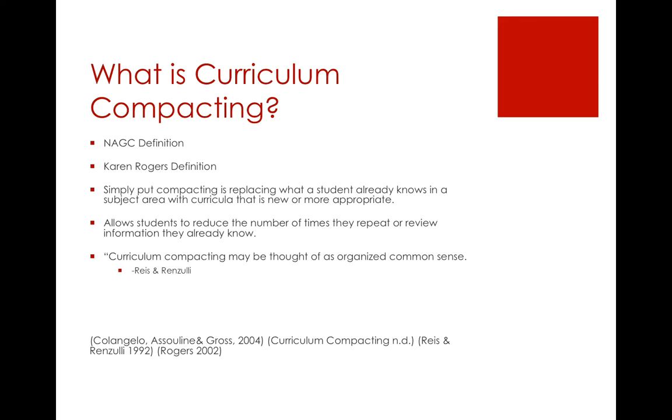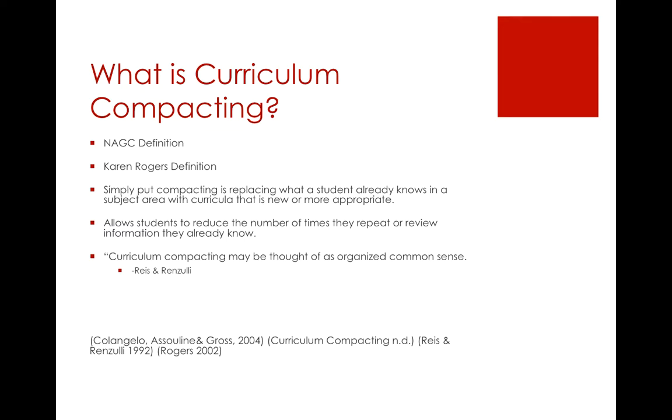Another definition I really liked was from Karen Rogers in Reforming Gifted Education. She defined it as streamlining or shortening the regular school curriculum in a specific subject area by pre-assessing the gifted child to discover what they've already mastered, and then replacing it with learning experiences or curricula that are new or more appropriate.